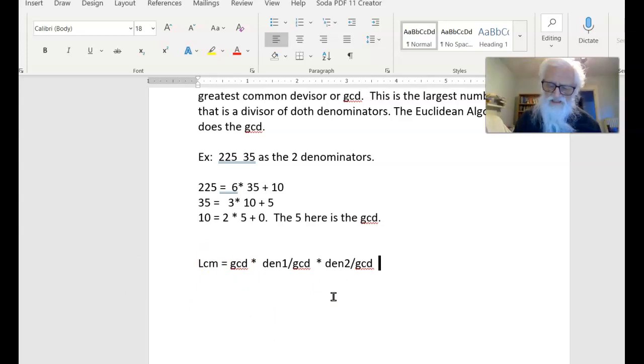So in my case here, what I'm getting is 5 times 225 divided by 5 times 35 divided by 5, which equals 45, if I'm doing my arithmetic right, and that's a times, pardon me, not a plus. 45 times 7, and that equals 315.